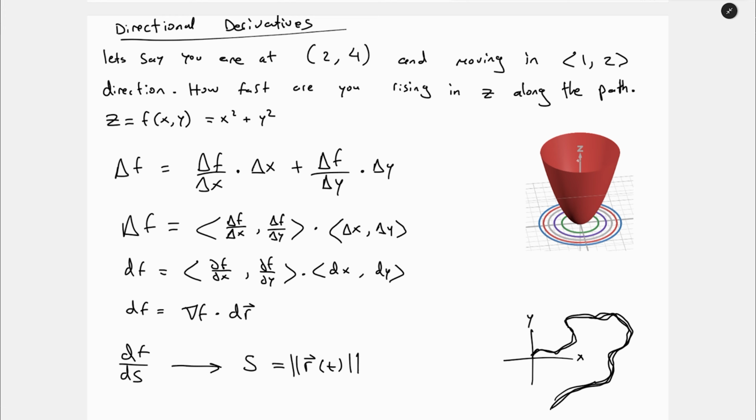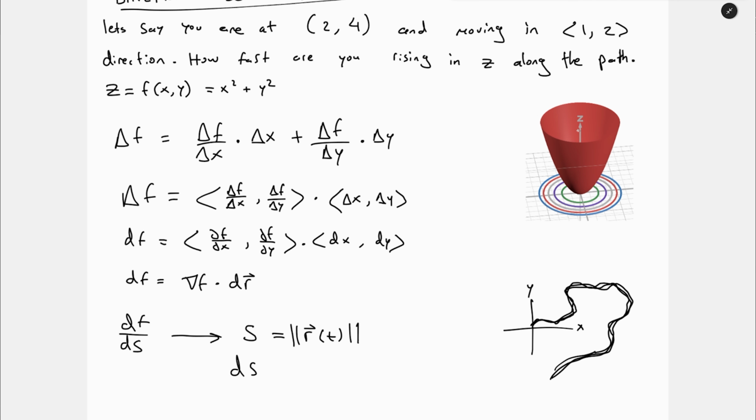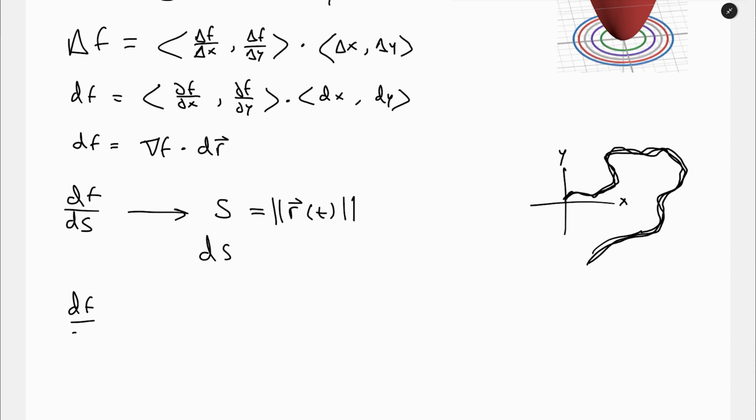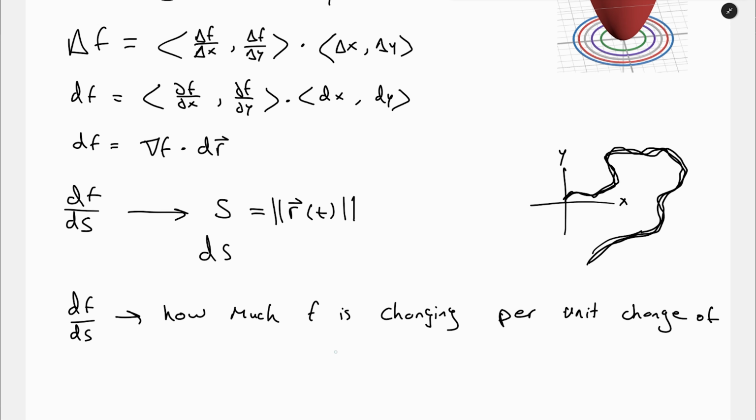If you add up all of this with some integration methods, this would be the length. So, but what is ds? ds is the tiniest bit of this length, kind of. So when we divide df by ds, we are saying how much f is changing per unit change of arc length.